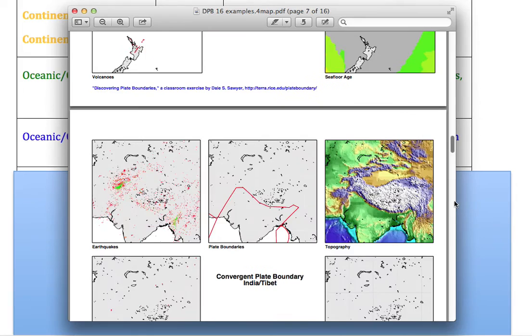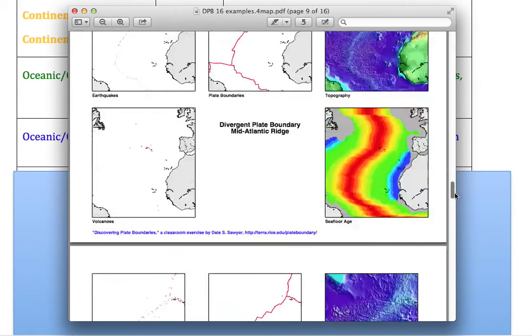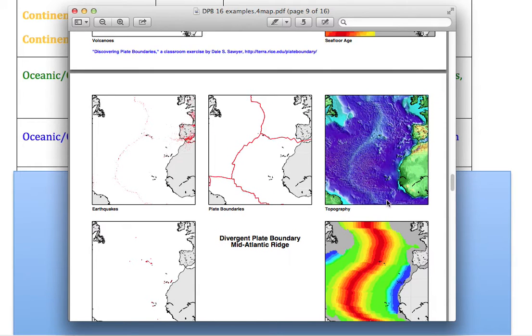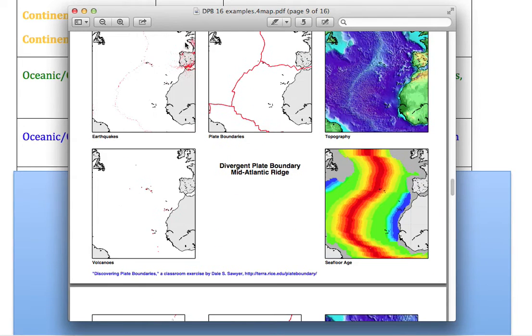So what we have here, page 9, this document, by the way, is in Schoology. So here we have the mid-ocean ridge. There's Africa, here's South America coming down. We have very shallow earthquakes, not a whole lot of volcanic activity. But right here in the middle, this light blue is shallow water, and it's shallow water because we have a mountain chain under there.